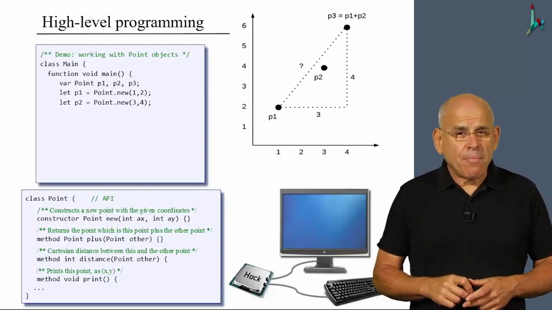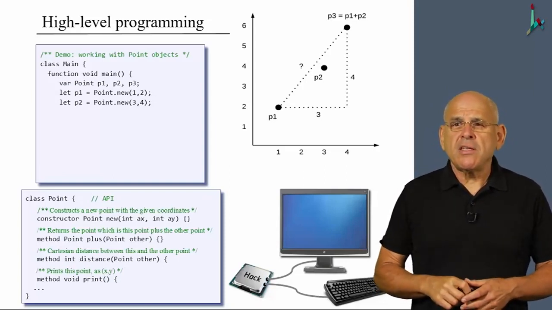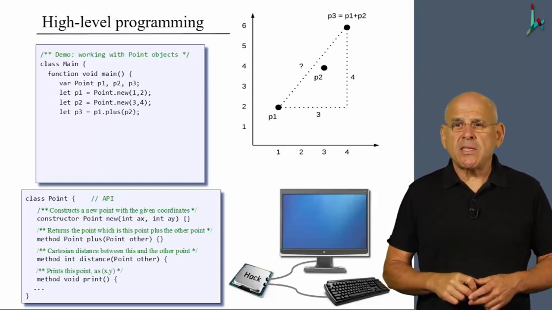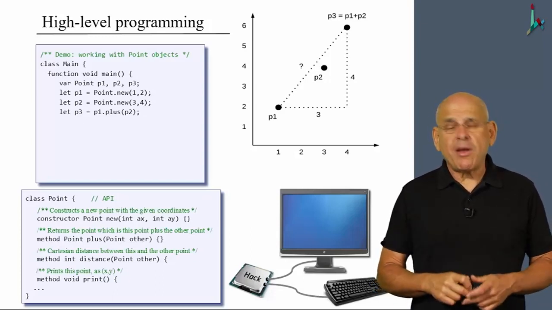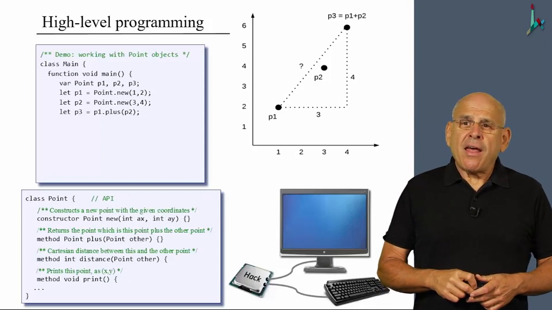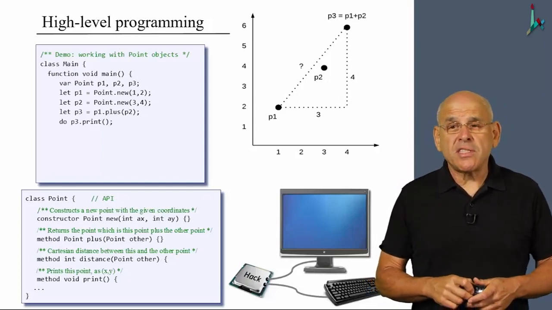And then I have to add up P1 and P2. I look at the API. There is a plus method, so I use it according to its signature. I get to construct a new point, P3. And then for debugging purposes, I print this point on the screen.